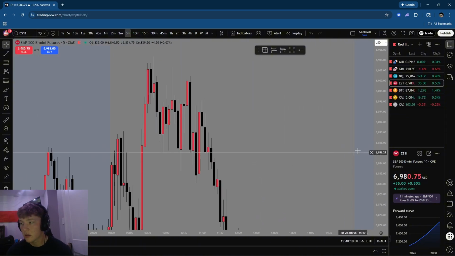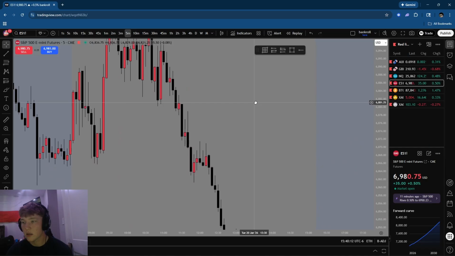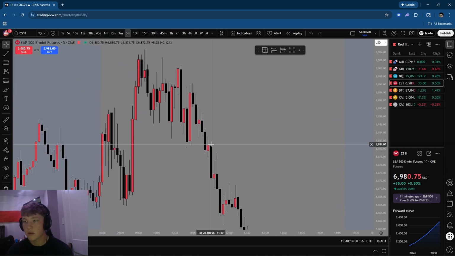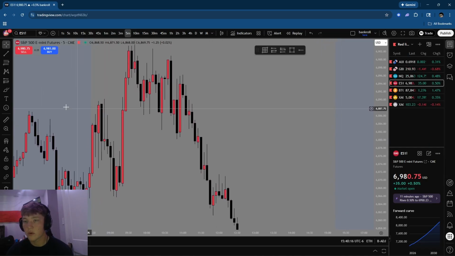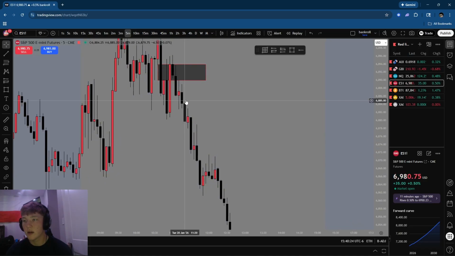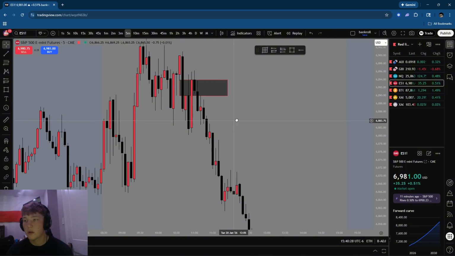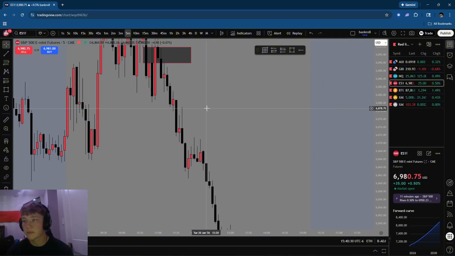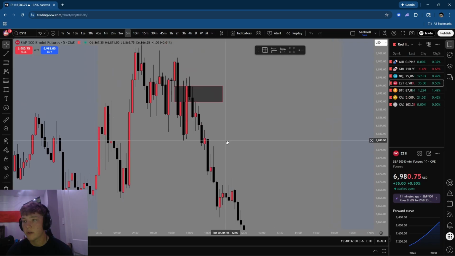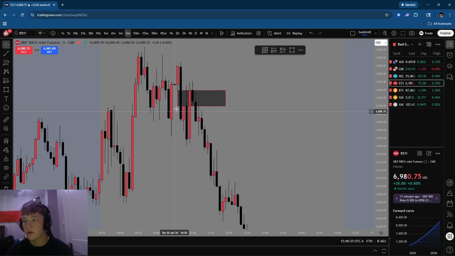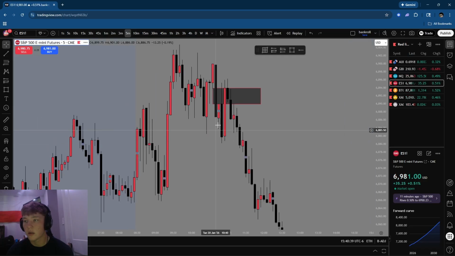Okay, so as we can see, we made a 5-minute bearish fair value gap right here. Boom, perfectly respected it. Then made this wick down. That's kind of all I see there. We made an order block here.